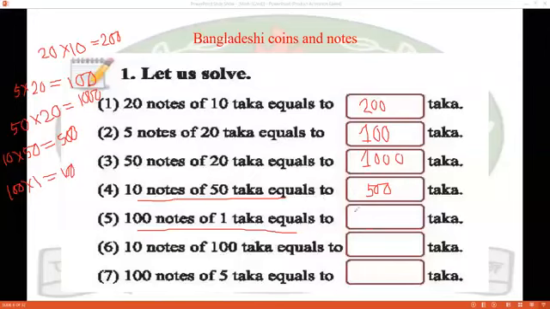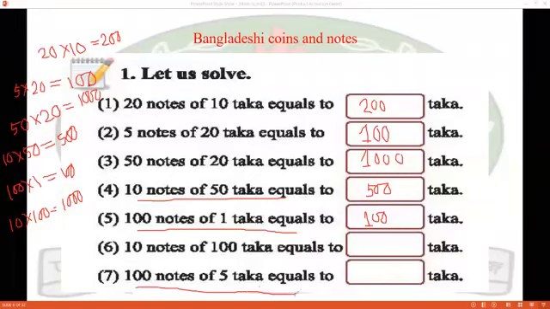So we can write it will be 100 taka. 10 notes of 100 taka will be equal to 1000 taka.